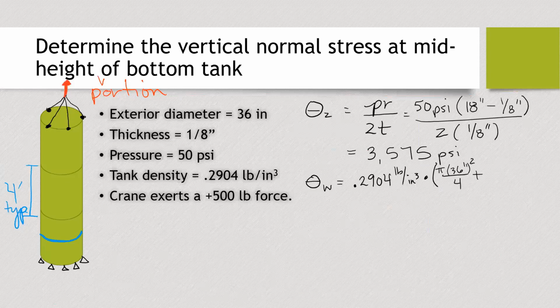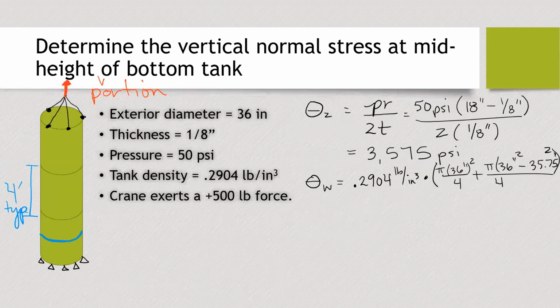The area of those sidewalls is going to be pi times 36 inches squared minus 35.75 squared, is that the inside diameter? Okay, divided by 4. So that's our area, but I didn't leave any room for the fact that it needs to get multiplied by the height.